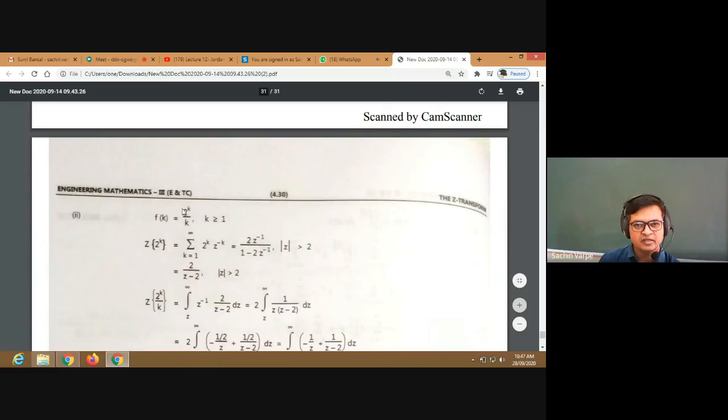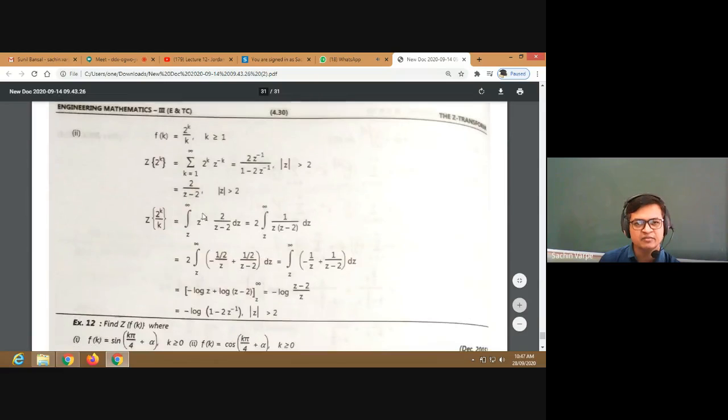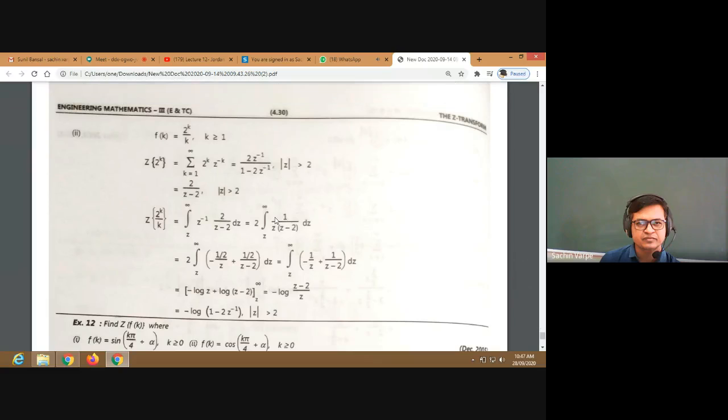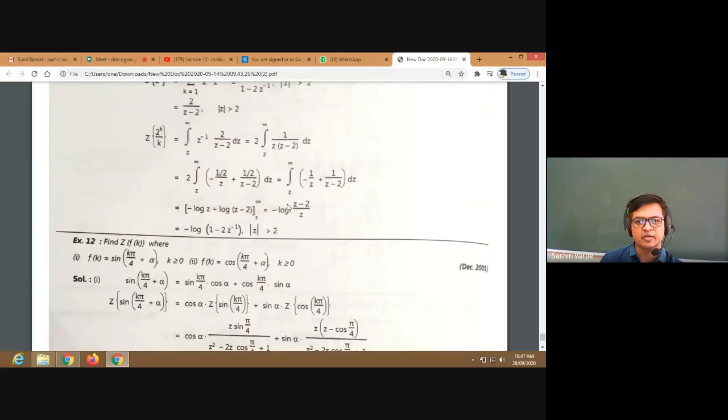You can see here also they have explained using the basic definition and also using the theorem. This is Z transform of 2 raised to k, and then they have used that to get the Z transform of 2 raised to k by k with the help of division by powers of k.